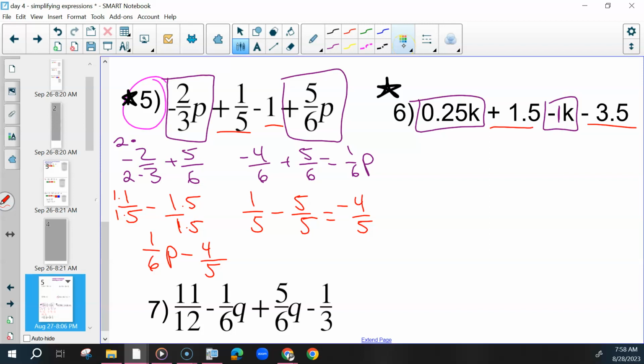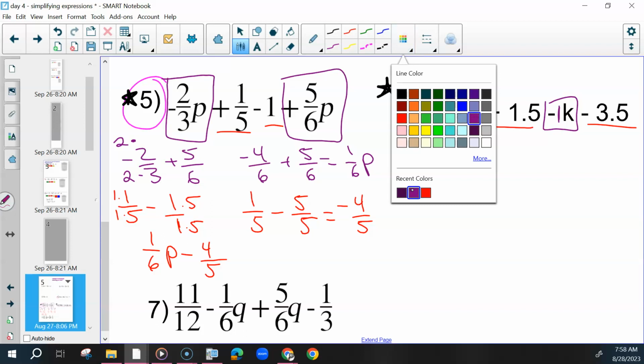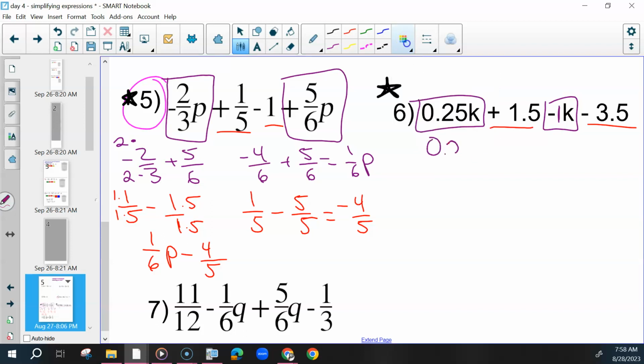So this one you could also use your calculator or do it in your head, either or. You're going to do 0.25. That's directly. Minus 1. Negative 0.75, yes.